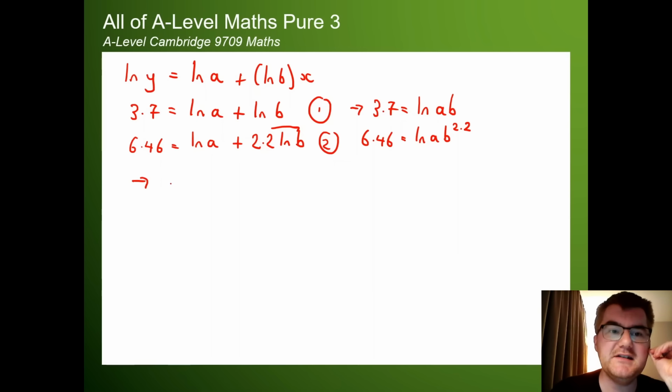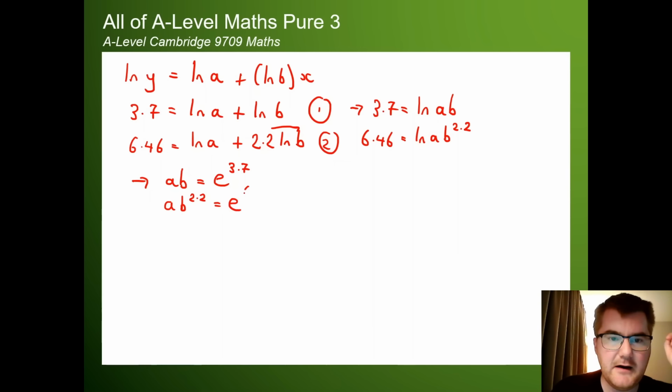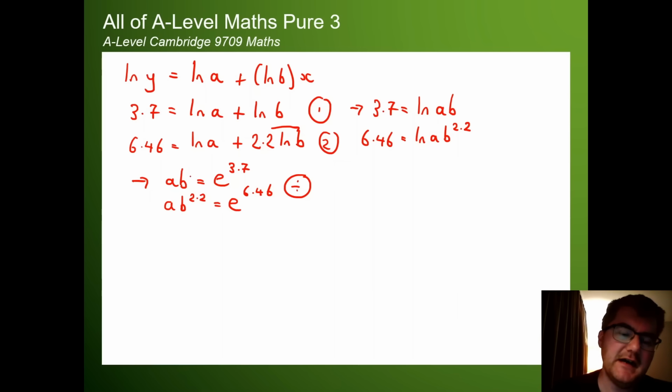So if we do this, this gives us ab is equal to e to the power of 3.7, and then we have ab to the power of 2.2 is equal to e to the power of 6.46. And now we can remove the a's by dividing one equation by the other. If we do that, we then get b to the power of 1.2.